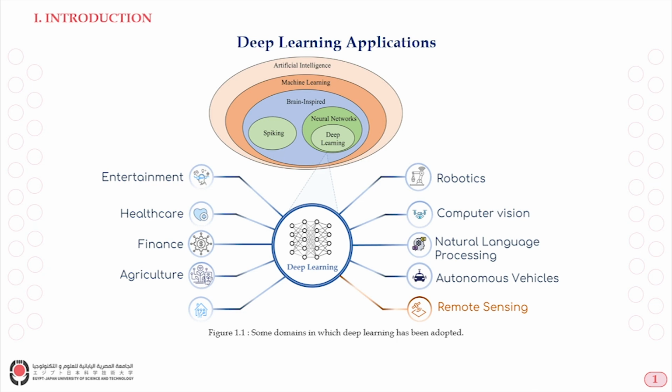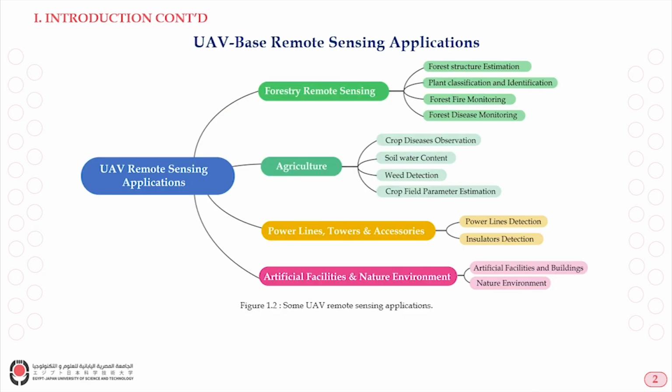Our focus in this work will be remote sensing, and in remote sensing itself there are several subdomains. It has been used in forestry, in agriculture, in power lines and towers and accessories, in artificial facilities, as well as the natural environment.